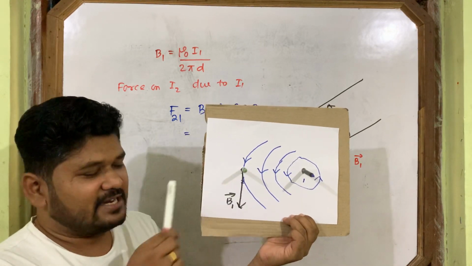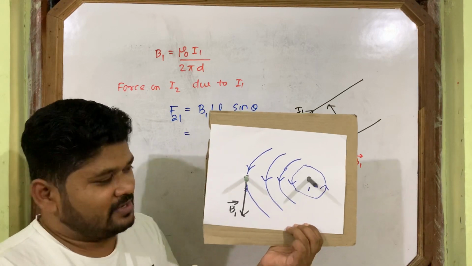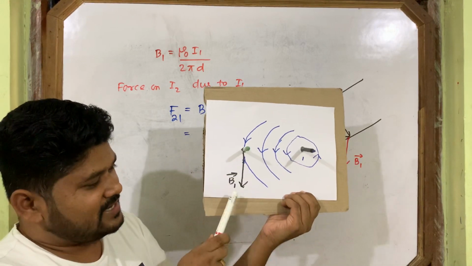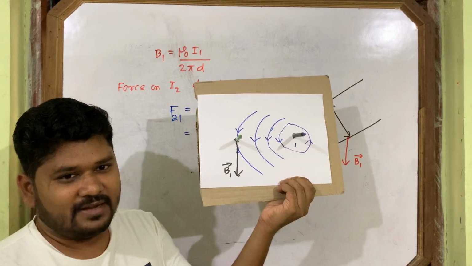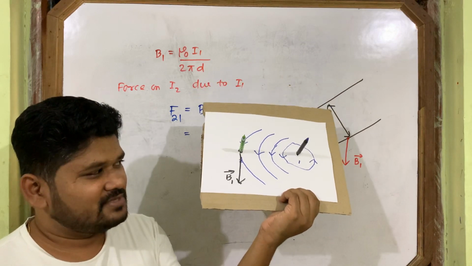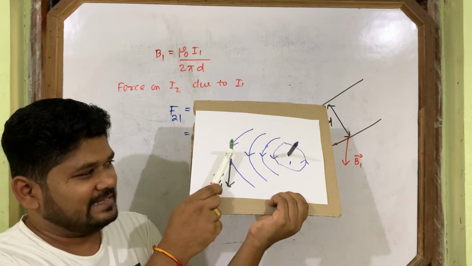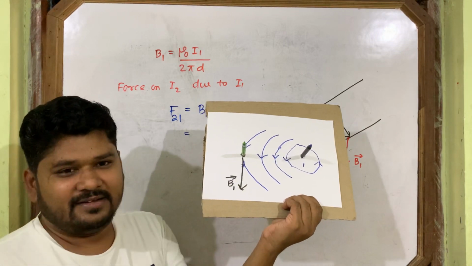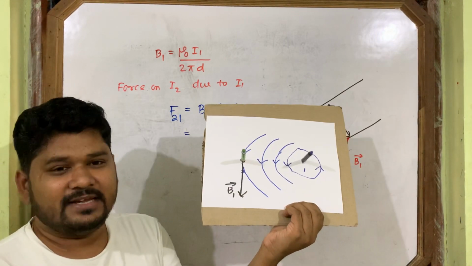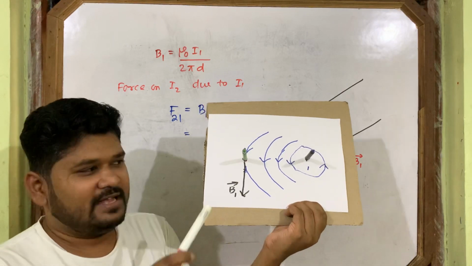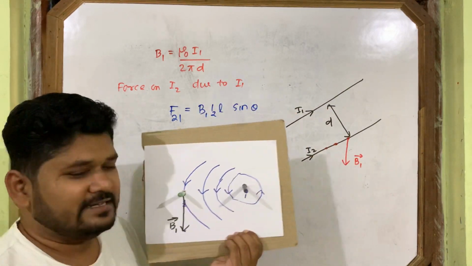Now you can mark here. This is the length of the second conductor, I2. What is the angle between the length of the conductor and the magnetic field? It's very clear to all of you now. This is the angle. In 3D it's very clear to see the angle between length and magnetic field. But here it is a little difficult to see.